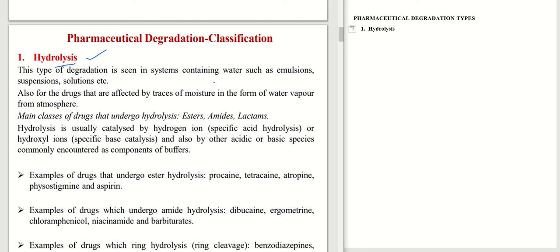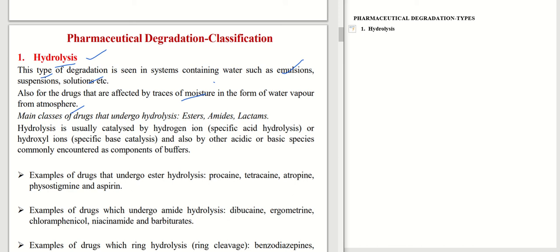Let us see what are the different dosage forms that have at least some amount of water. Those dosage forms include emulsions, suspensions, and solutions. Even if the drugs have small amounts of moisture in the form of water vapor, it will aid in hydrolytic degradation. So it is quite obvious that the presence of moisture leads to hydrolytic degradation.